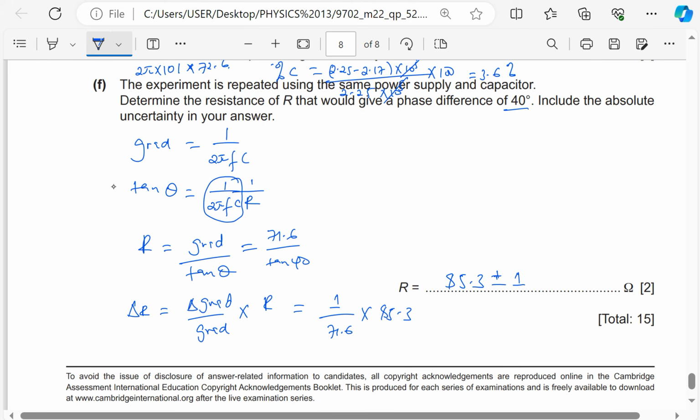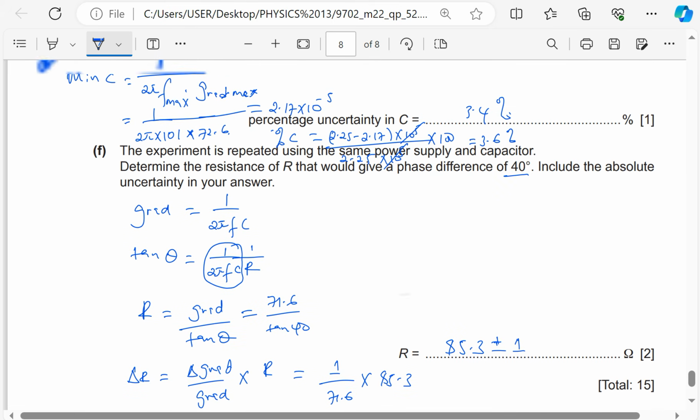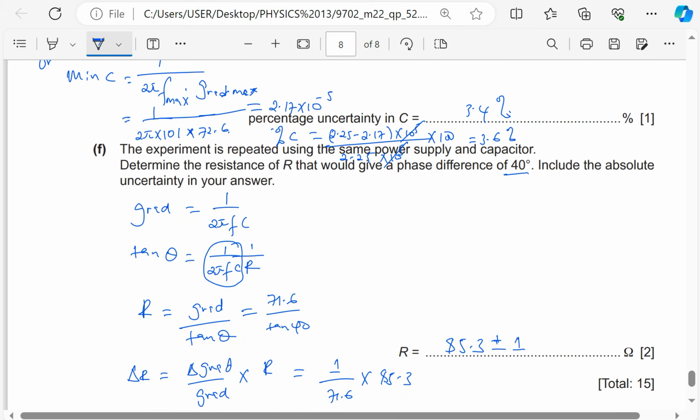Okay, so I have tried my level best. My answers may not be exactly accurate, but I've tried my level best to give you a clue of what is necessary here. By the way, I could also have found the absolute uncertainty in R by considering the absolute uncertainty in f and the absolute uncertainty in C, because from this equation, when I make R the subject, R is going to be 1 over 2 pi f c times tan of theta.